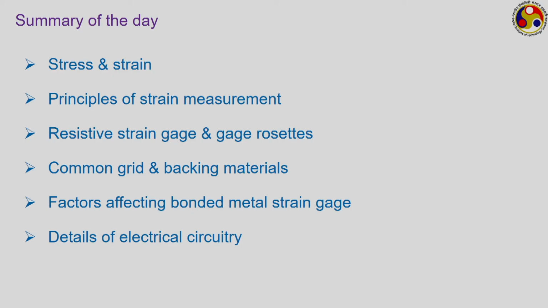I was supposed to discuss 3, but I think we should stop here because it is already late for the day. In the next lecture I shall first discuss the third kind of electrical circuit that we can use in resistive strain gauges. Then we shall discuss temperature compensation, the way temperature compensation can be done.